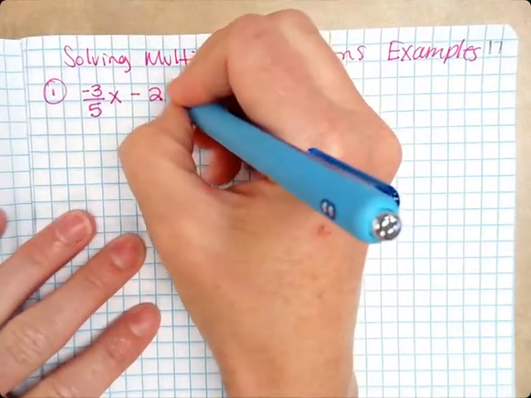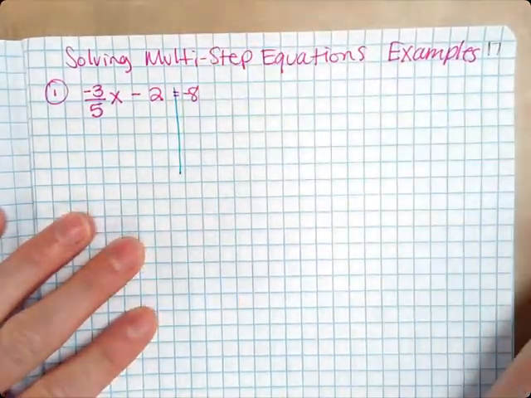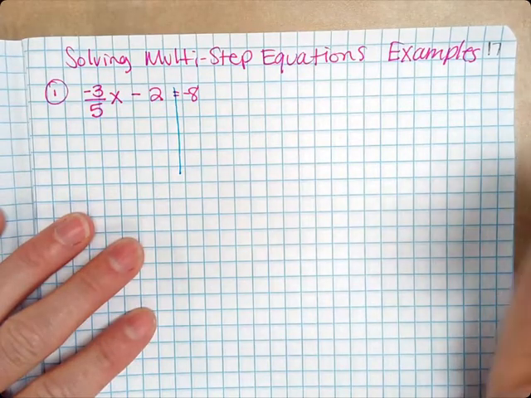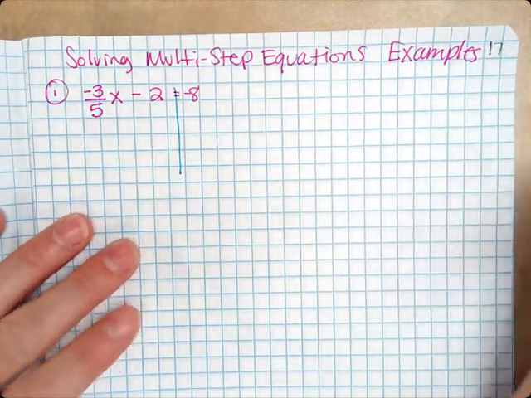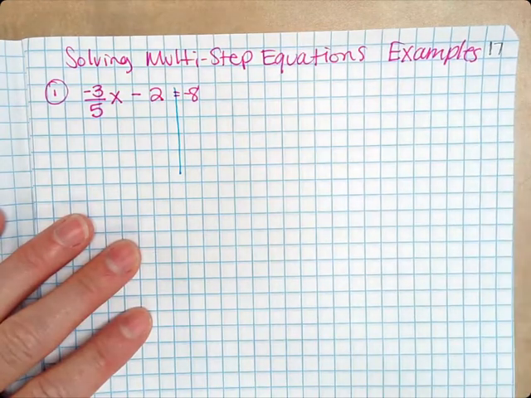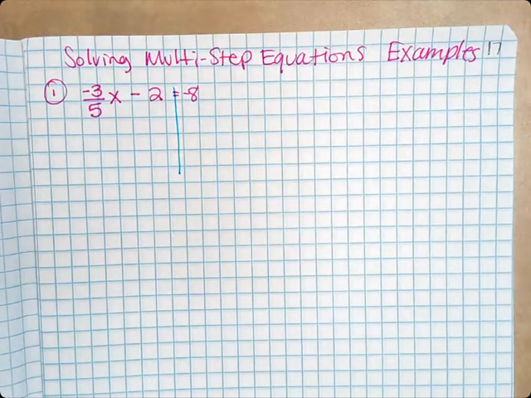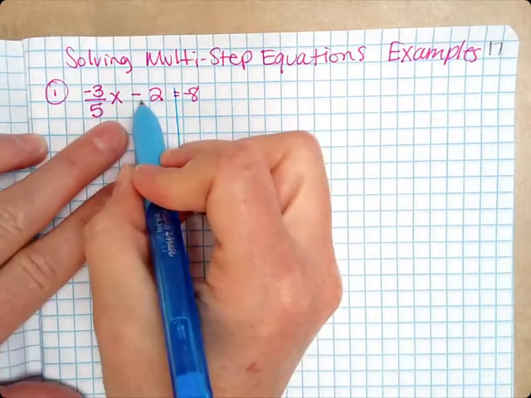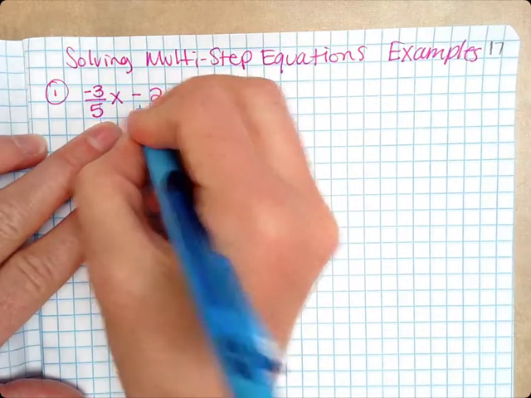We want to draw a line down the equal sign so I can keep them separated. So you want to do PEMDAS, which is the order of operations, in reverse. The last thing in PEMDAS is add and subtract, so that's the first thing we're going to do. We're going to add this 2 to both sides. So put it right underneath.